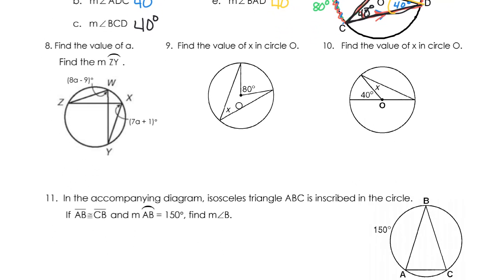And now that we know all that, let's take a look at some of these examples. In number 8, it says find the value of A and then find the measure of arc ZY. So if we take a look at these two expressions that they gave us, they're indicating that they are inscribed angles. And the one angle has the same exact arc as the other.